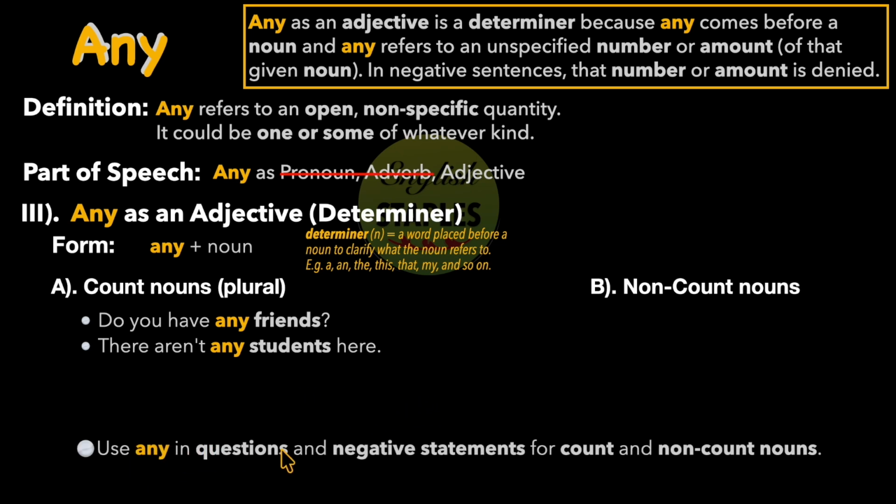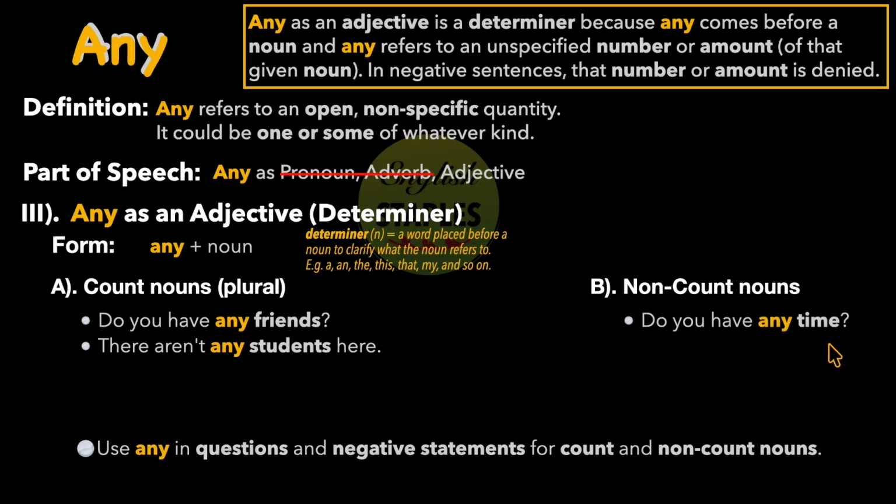Use any in questions and negative statements for count nouns and non count nouns. So here we see this happening. Do you have any friends? Questions. Any in questions. And negative, there aren't any students here. Negative. Friends and students are both count nouns.